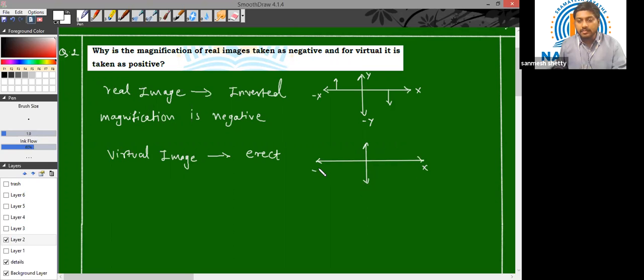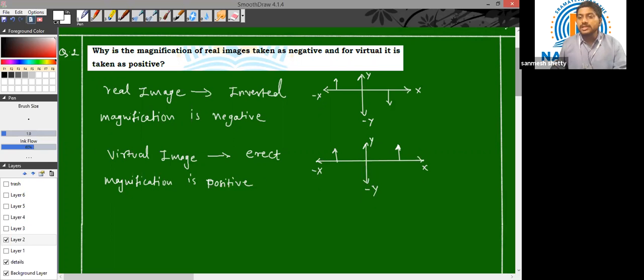Again, x, minus x, y, and minus y. If I keep an object here, my virtual image will also be formed something like this, an erect image. So it lies along the positive y-axis. So we can say that the magnification is positive in this case.